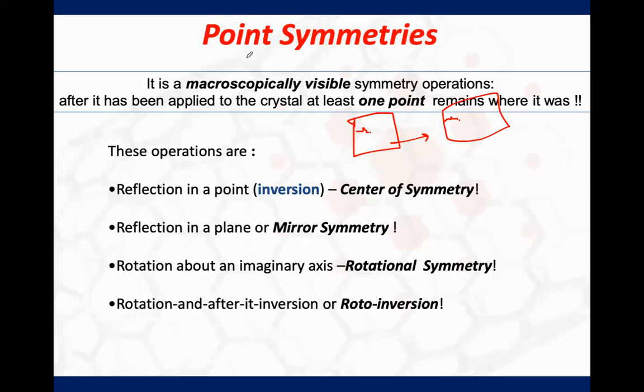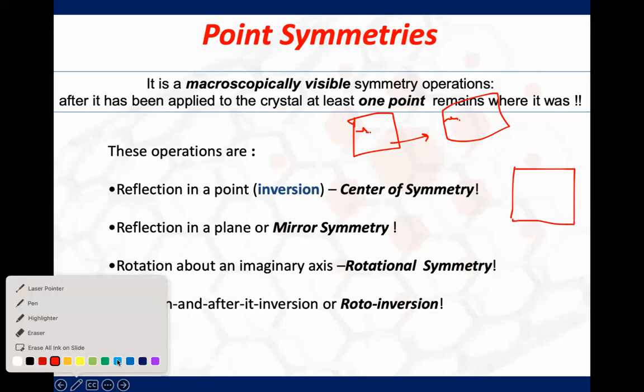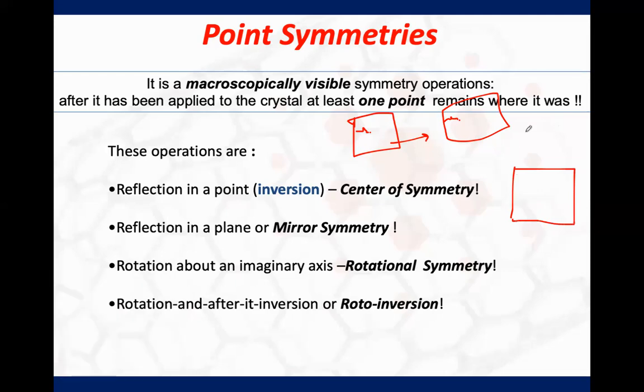So there are several types of operations you can have. For that, if you take a symmetric crystal, for example like this, and you make a kind of reflection, for example, if this crystal was like this, with the arrow heading in the upward direction.